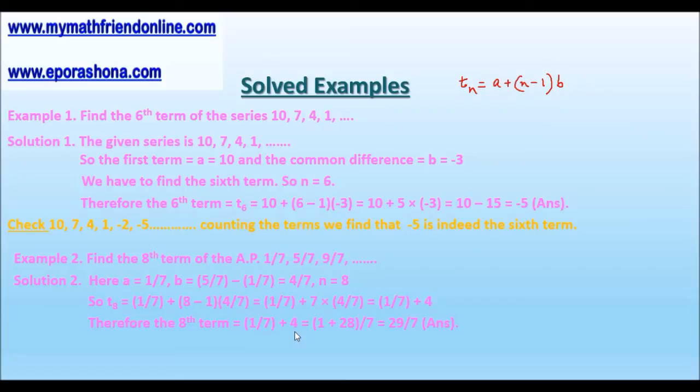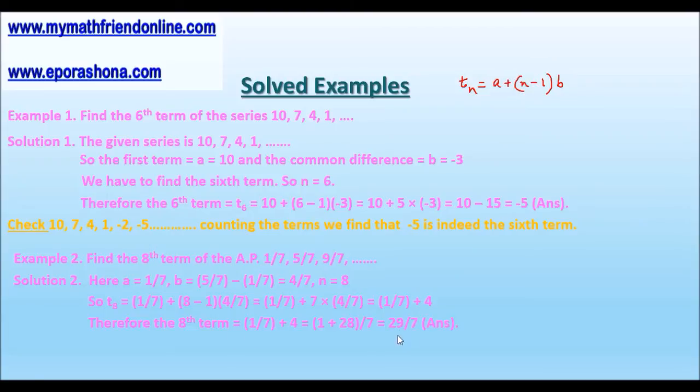Therefore, the 8th term equal to 1 by 7 plus 4. Since this is a fraction and this is a whole number term, we have to take the LCM. The LCM will be equal to 7 obviously, and the numerator will be 1 from this part, and 7 times 4 is 28. So 28 plus 1 will be giving us 29 by 7.